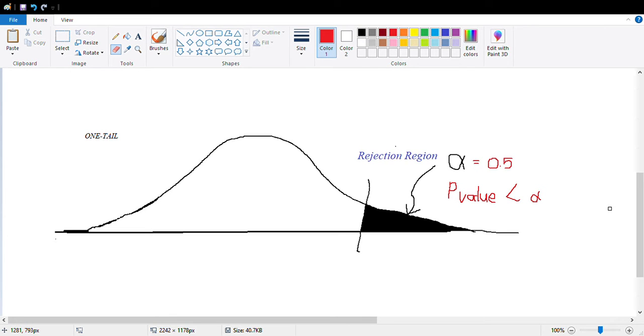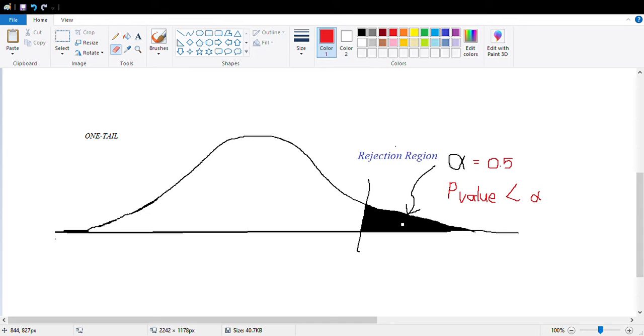Okay. So if the p-value is less than the alpha, then that means that the p-value area lies somewhere here, and you can reject the null hypothesis.